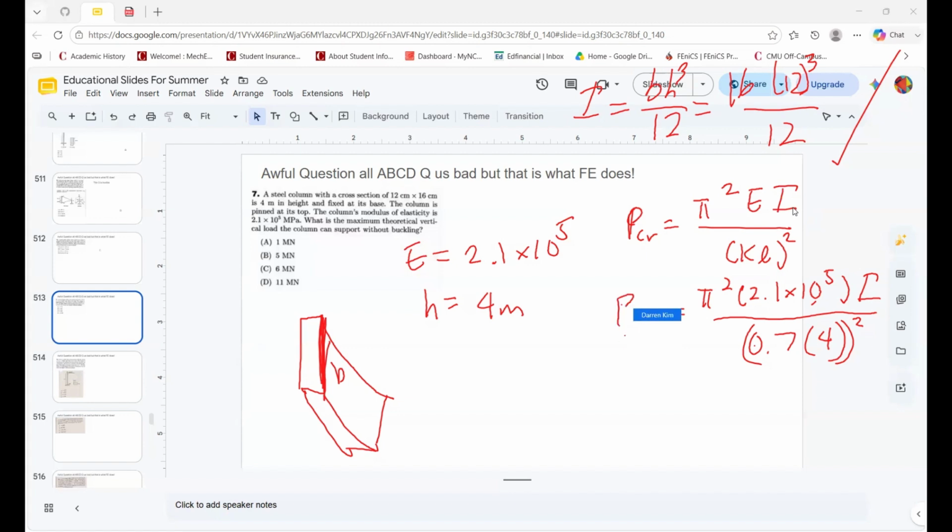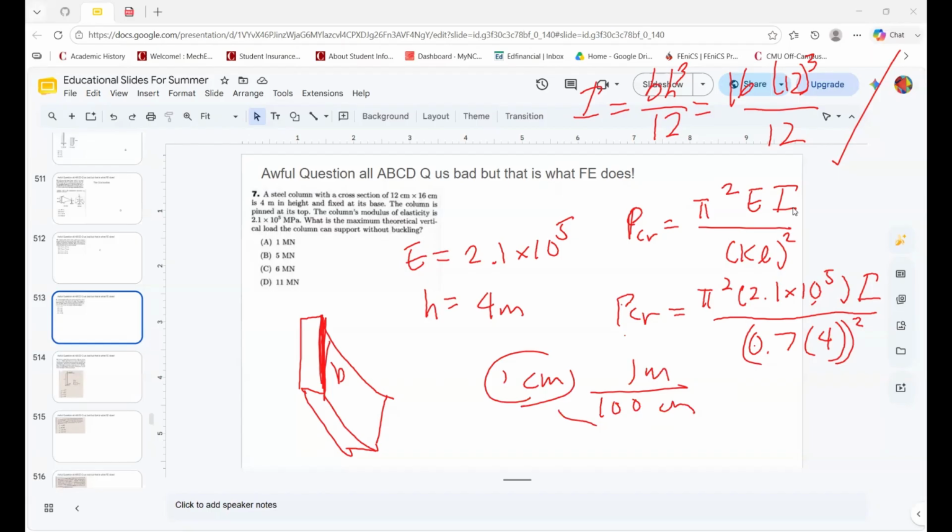Okay, so pi squared multiplied by 2.1 times 10 to the 5, multiplied by 16 times 12 cubed divided by 12. And then because these are in centimeters, and 100 cm equals 1 meter, to get to meters you have to divide by 100.